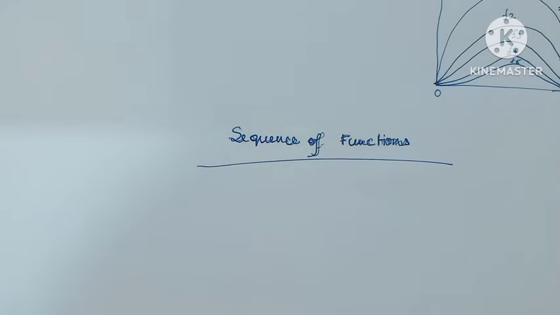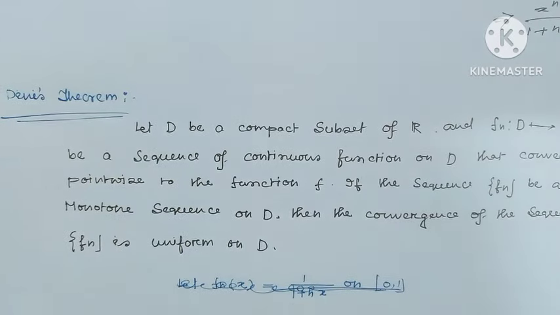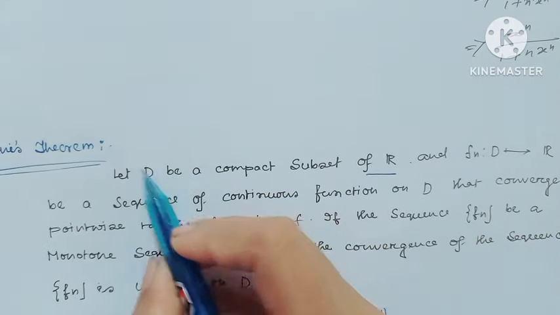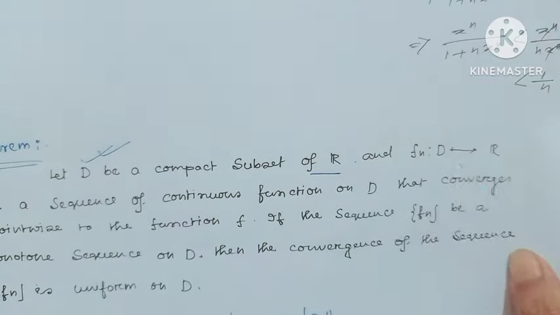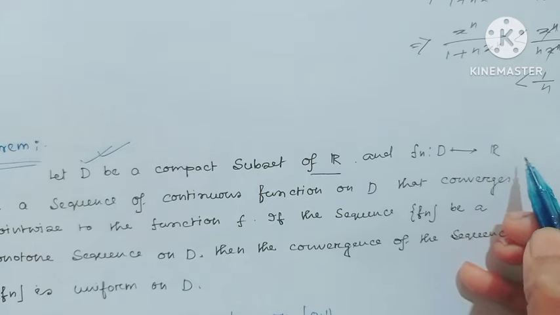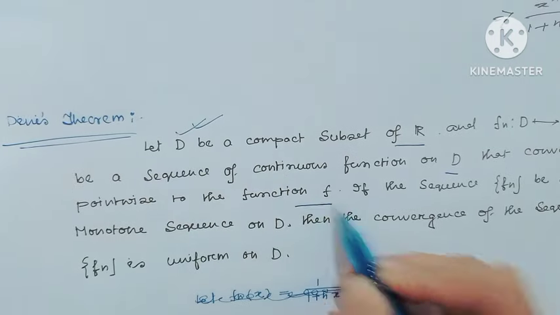Just as a review, first let's see the statement of Dini's theorem. Let D be a compact subset of R. That means the domain is always compact. Let fn, a sequence of functions defined on D to R, converge pointwise to the function f.